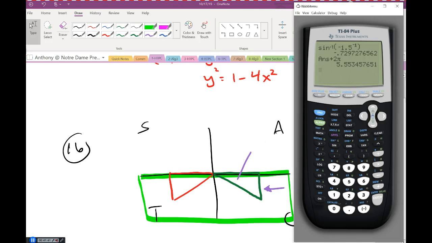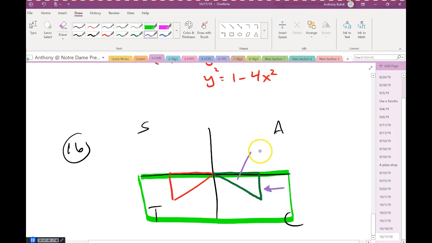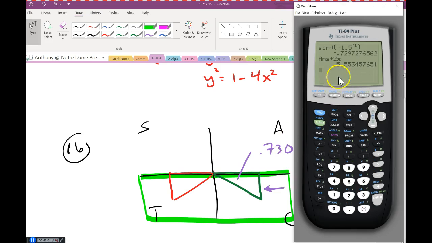That is our negative 0.730. Everybody's okay with that? Yeah. So this angle measures our 0.730.